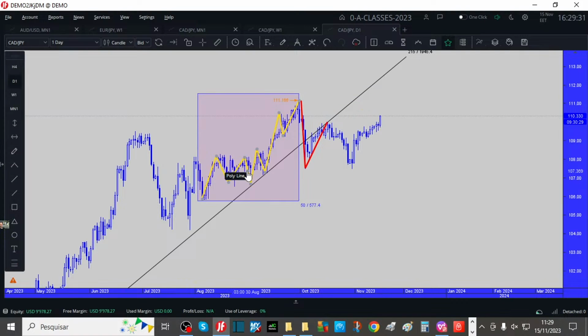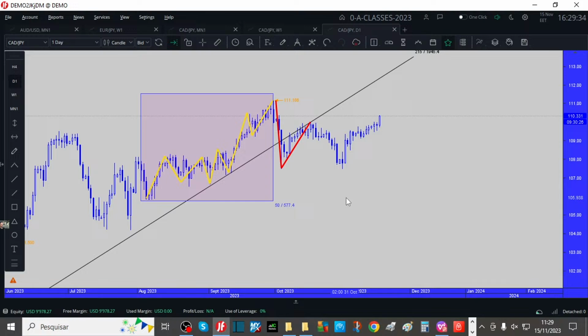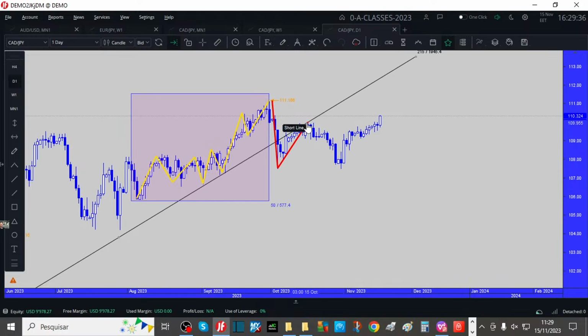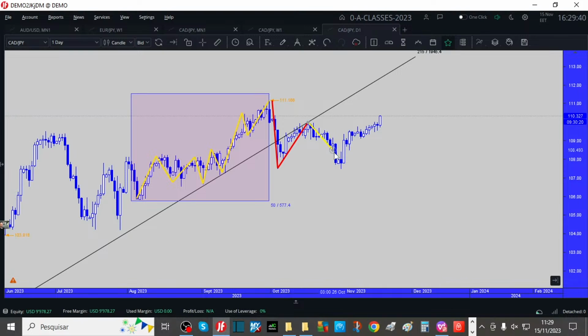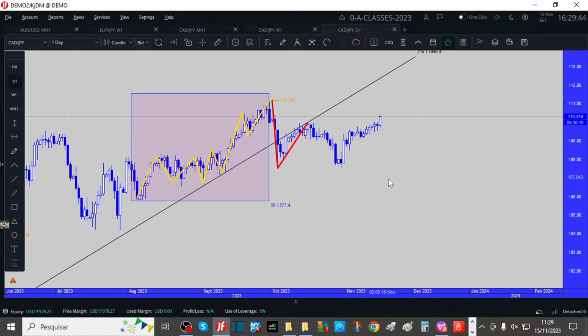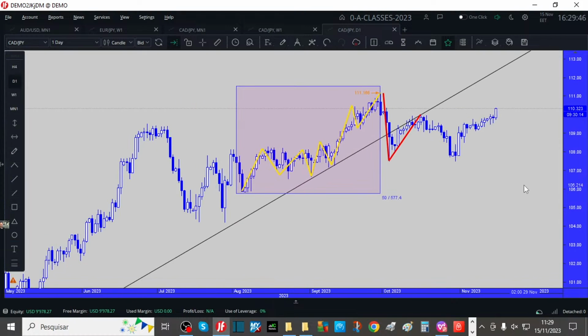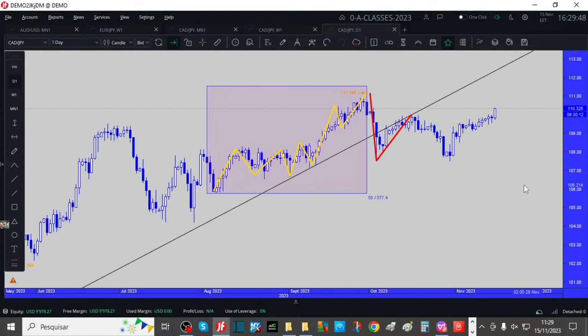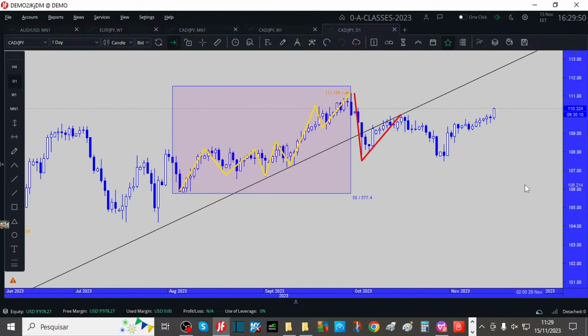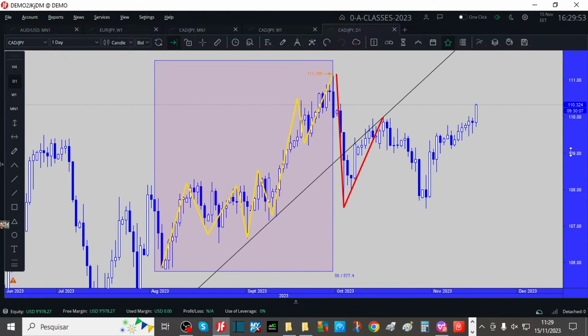So this is one story, right? And this is now another story. So I'm not going to do it like this because it's not a lower low, alright? But short term, everybody. See how easy it is to misinterpret information, price action, alright?